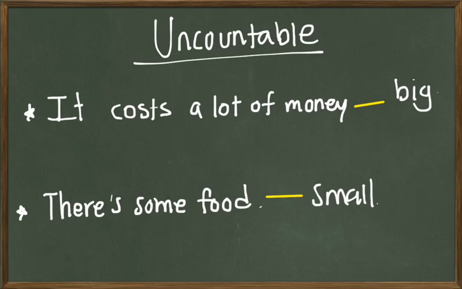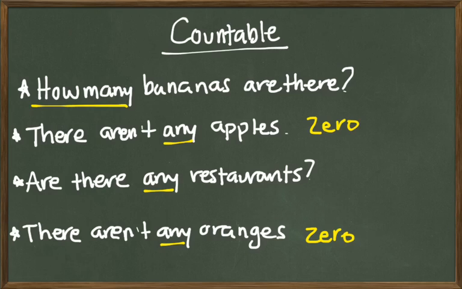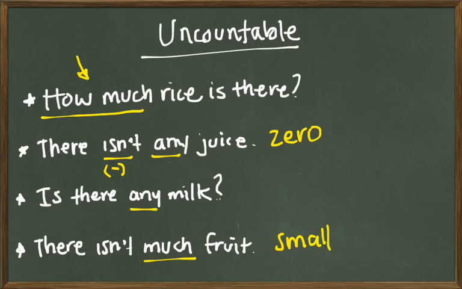And for uncountables, we had an example expressing a big quantity, or a small quantity. In negative and questions, remember that we ask with how many for countable nouns and how much with uncountable nouns. We have also the expression any in both, and many for countable nouns and much for uncountable nouns. We also reviewed some examples, some that express a zero quantity or a small quantity.